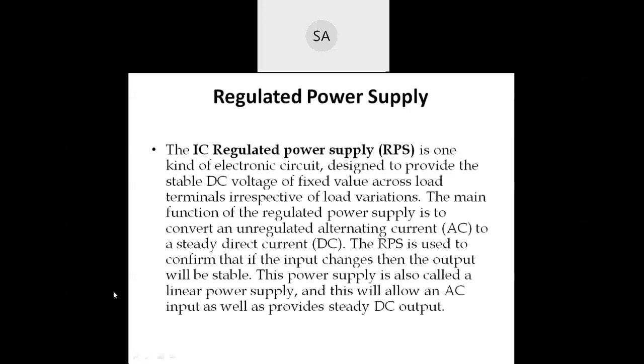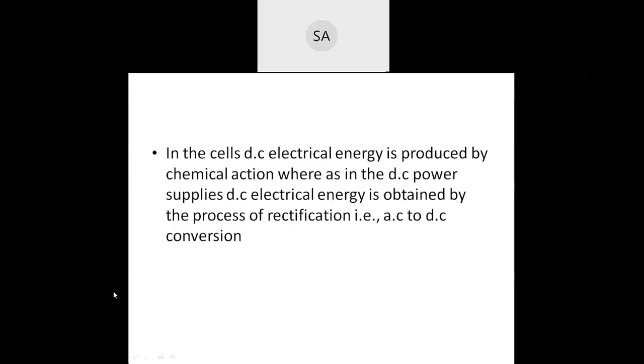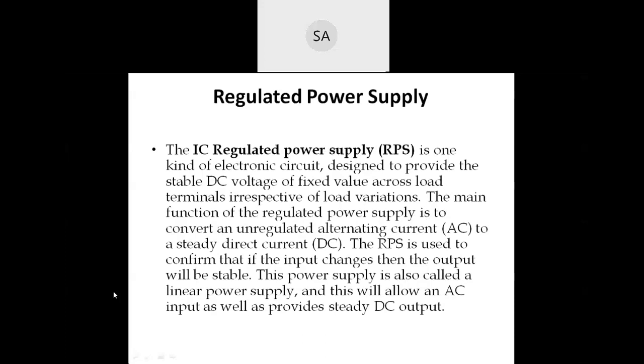Now, the regulated power supply. A DC power supply which converts AC into DC and maintains the output voltage constant irrespective of AC mains fluctuations or load variation is known as a regulated DC power supply.